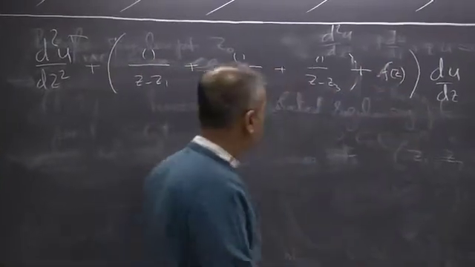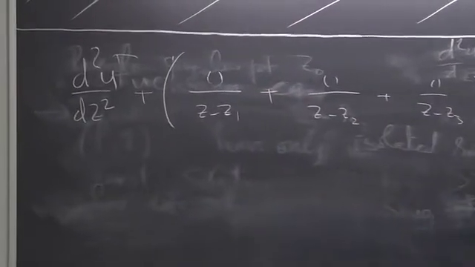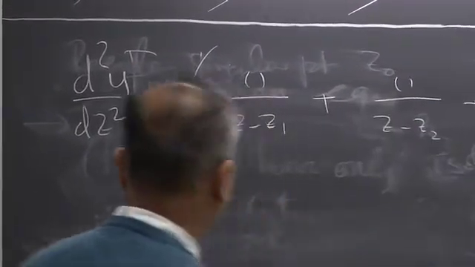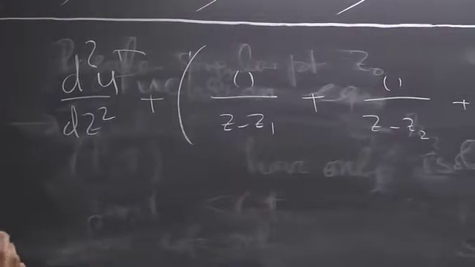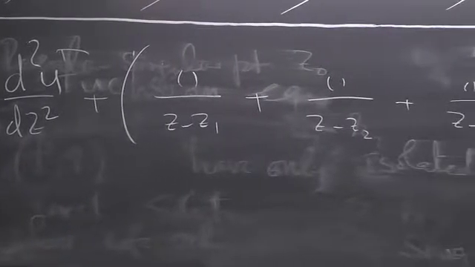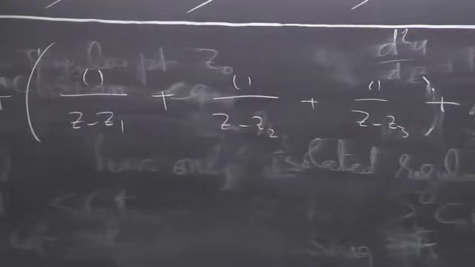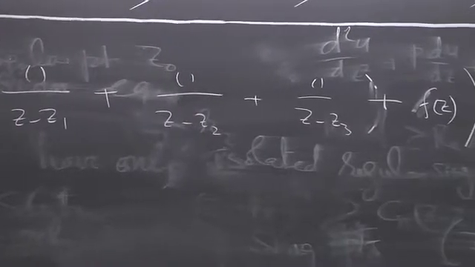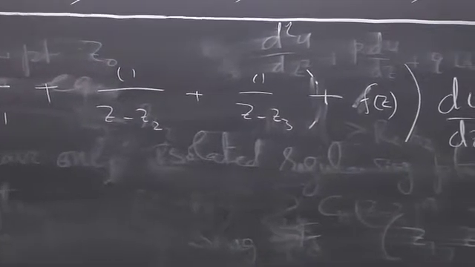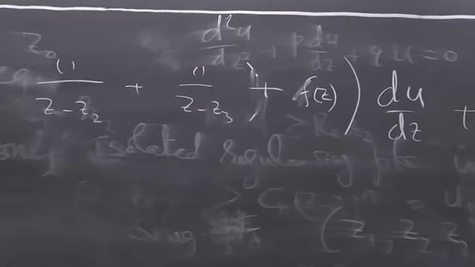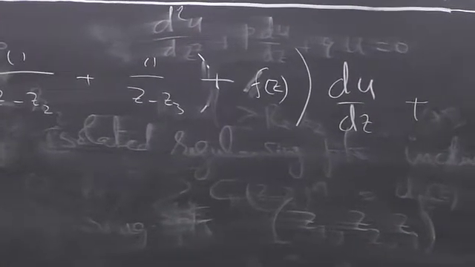And how do you see this? I still have to write the Q, but for the moment, let's just focus on this. How will I look at infinity? To study at infinity, I just have to do the inversion. Write z equal to 1 over z prime, and then study what happens when z prime equals 0. But when you do that, I have to make the change of variable.